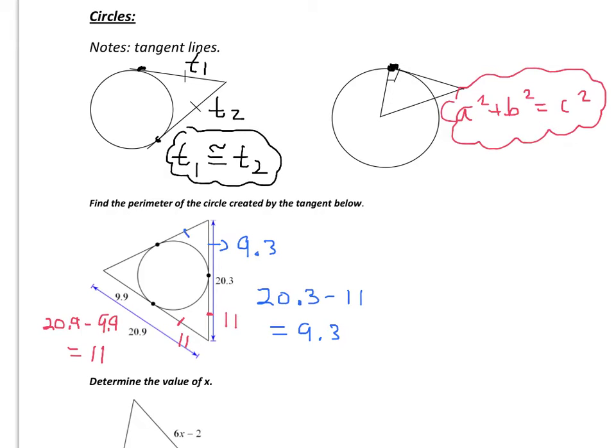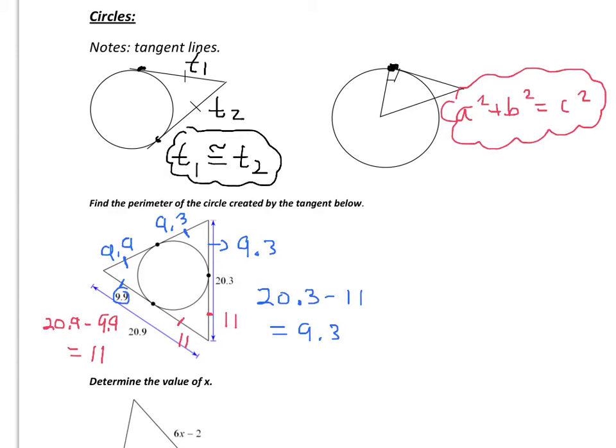If this is 9.3 units, then this one is also 9.3, because again they're equal. All we need to find now is this side, and then add this tangent with this tangent, and we get the whole side of the triangle. Notice this is 9.9, and these two are equal again, so this one is equal to this one. This is 9.9, so this is also 9.9.